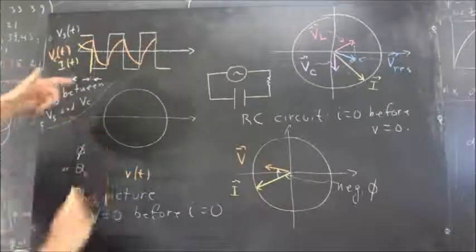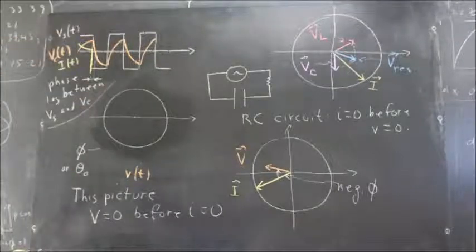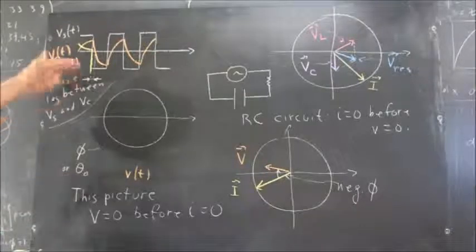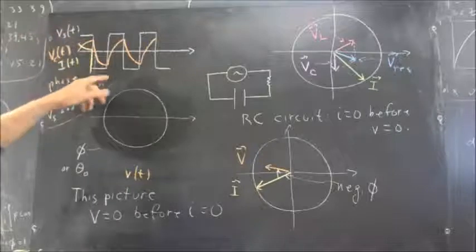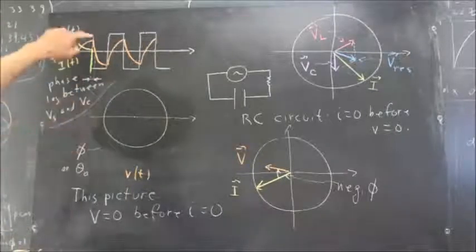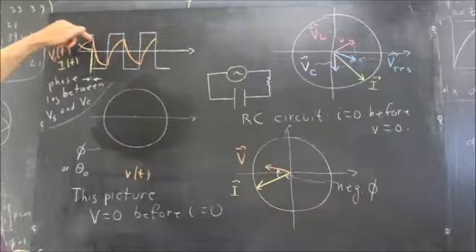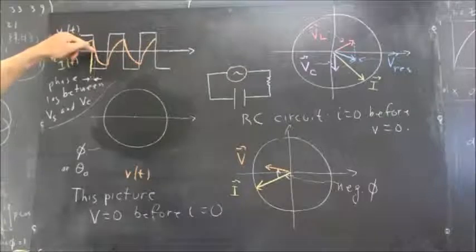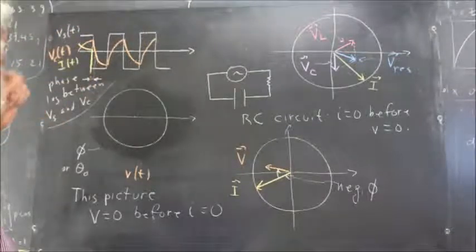Then what's going to happen? Well, the source voltage remains what it is. The capacitor voltage, which is opposing the source voltage, decreases. In this case, the capacitor voltage is still reinforcing the source voltage, but at a decreasing rate until you get to here, and then it begins opposing the source voltage.